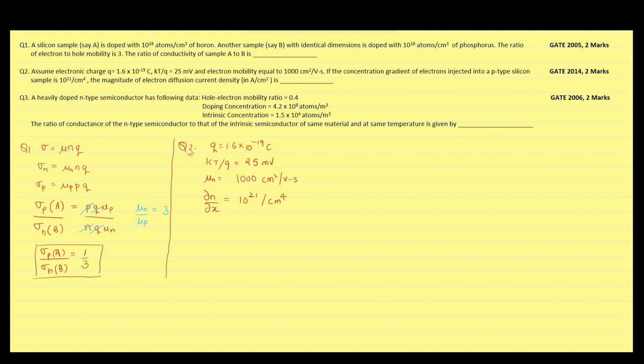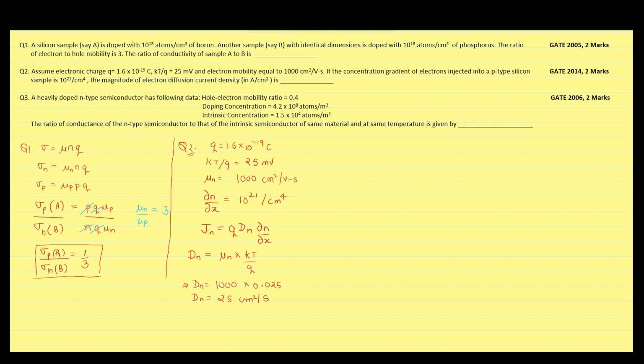Now we are asked to find electron diffusion current density, and we know the formula is Q into diffusion constant of free electron multiplied by concentration gradient of electrons. By Einstein relation we have free electron diffusion constant equal to mobility of free electron multiplied by thermal voltage. Therefore, the diffusion constant of free electron comes out to be 25 centimeter square per second.